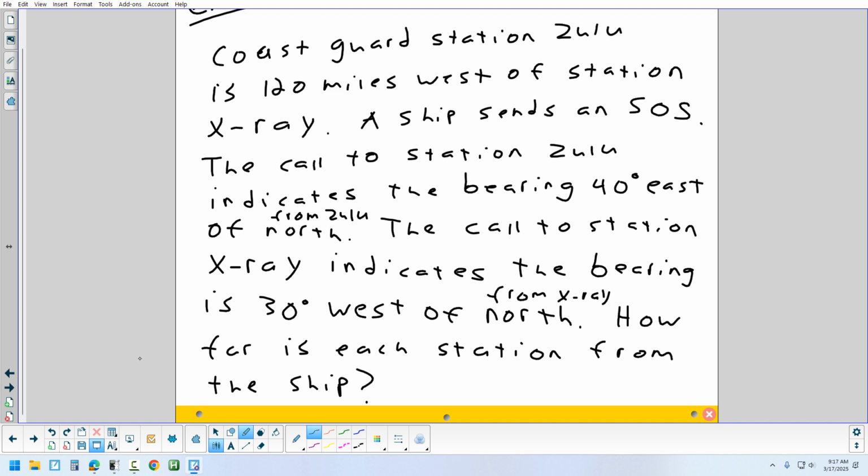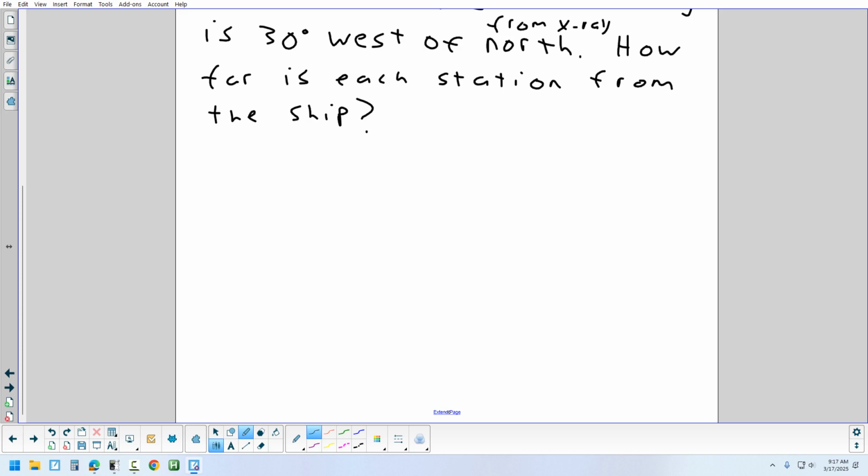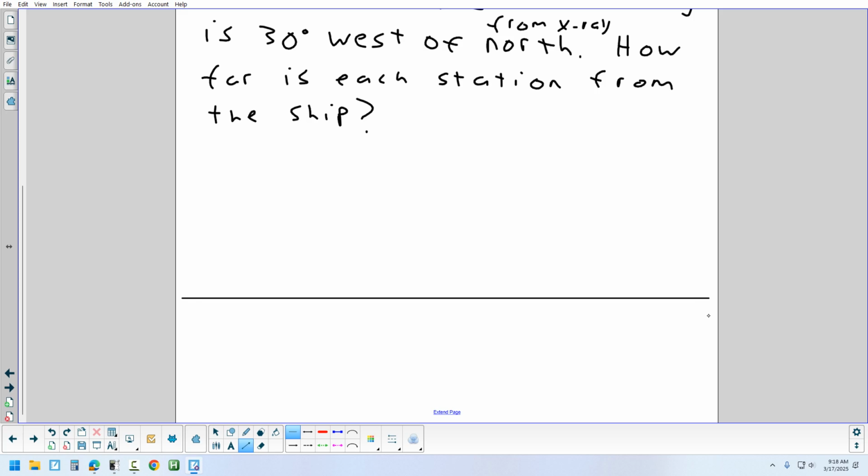Okay, the 2 Coast Guard stations, yep. And generally, where would you find a Coast Guard station? On the beach. Yeah, somewhere right on the shore. So we'll draw in a line there. This is going to represent land on this side, and then ocean on that side. All right, so we got 2 Coast Guard stations.